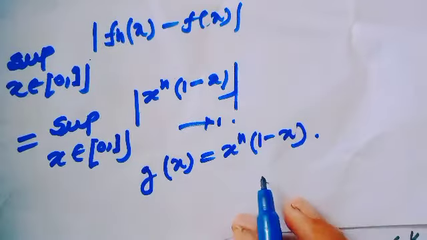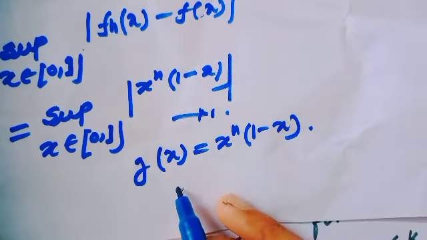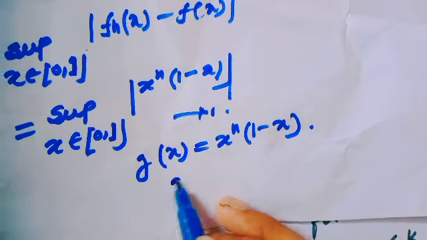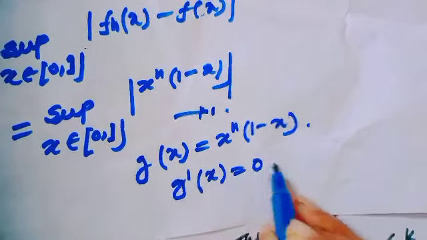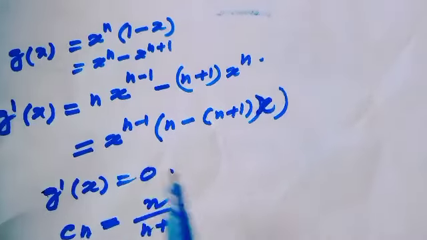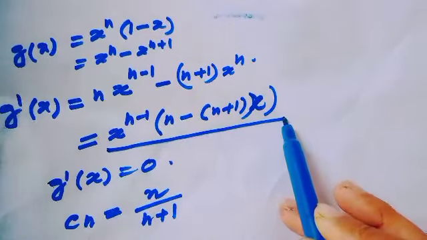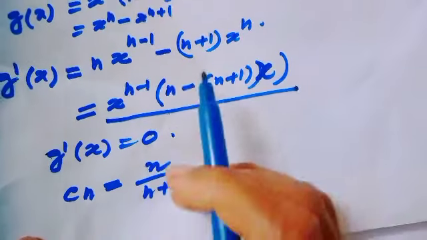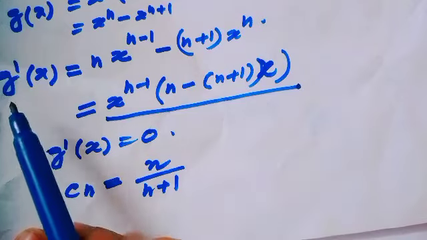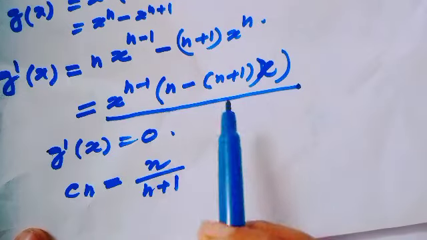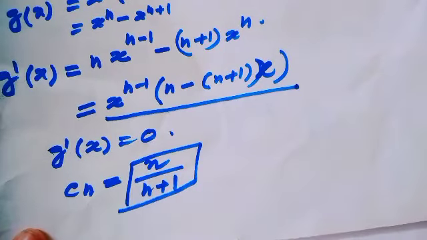To find the maximum of this function, we all know we have to find the point such that g prime(x) equals 0. If you calculate g prime(x), the point at which it vanishes would be n over n plus 1.